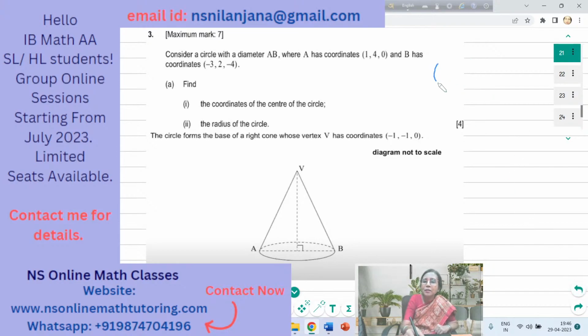These are arbitrary points, A and B, and A is having coordinates (1, 4, 0), and B is having coordinates (-3, 2, -4).